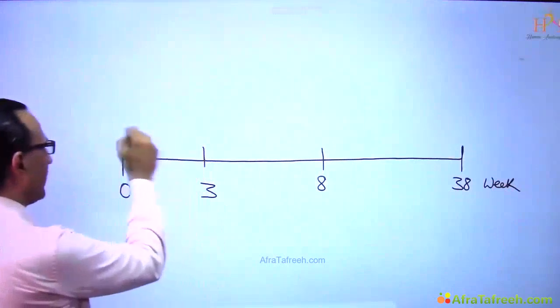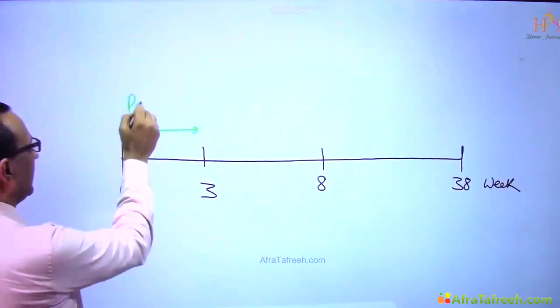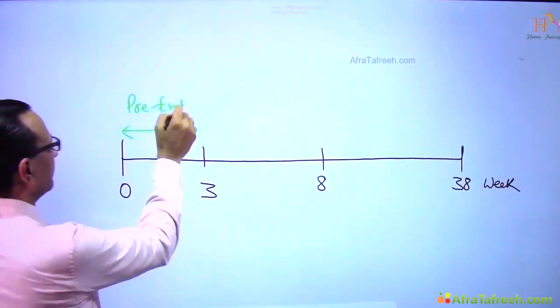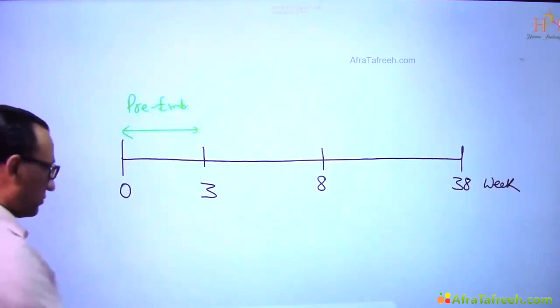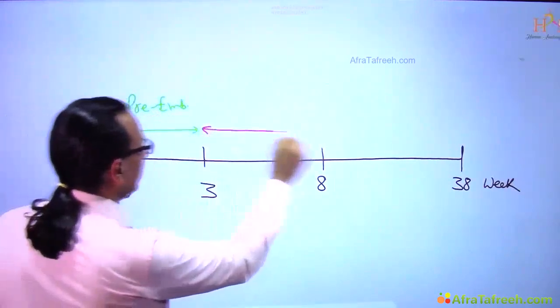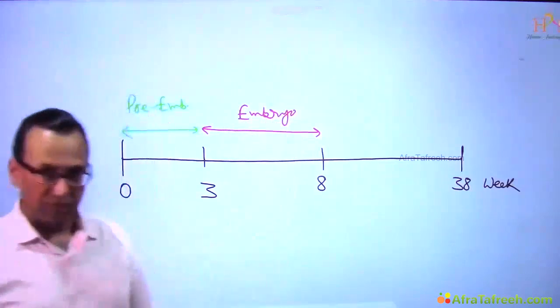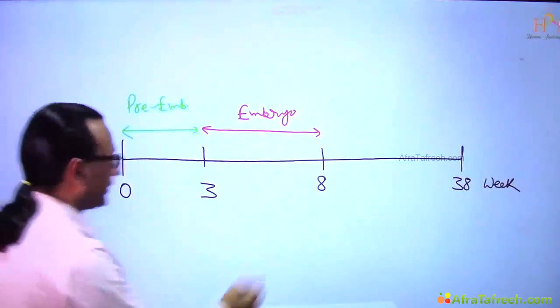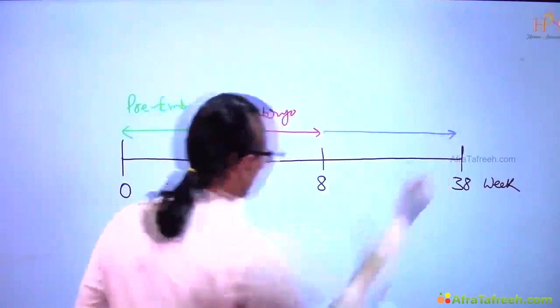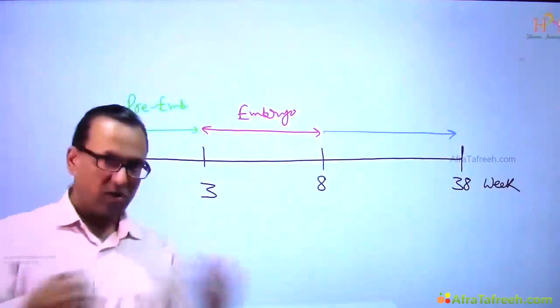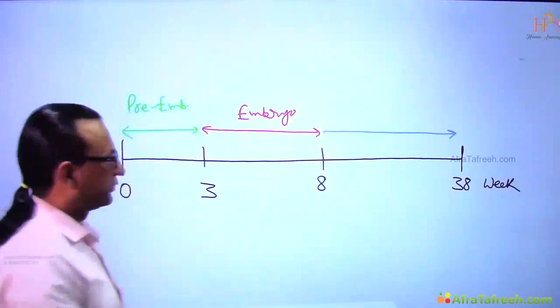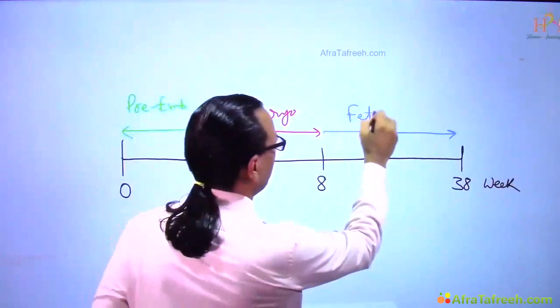This is what we are calling the pre-embryonic stage. If you say embryo, then it will be from the 3rd to 8th week. And if you are talking about the fetal stage, then the fetal stage is beyond this, from beyond the 8th week till the 38 weeks.